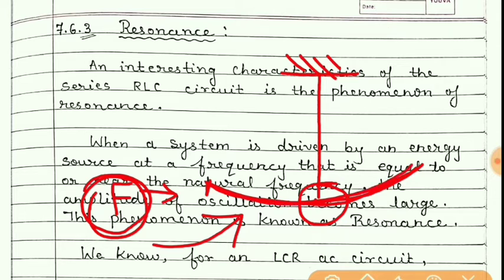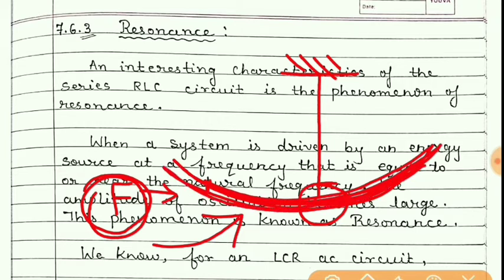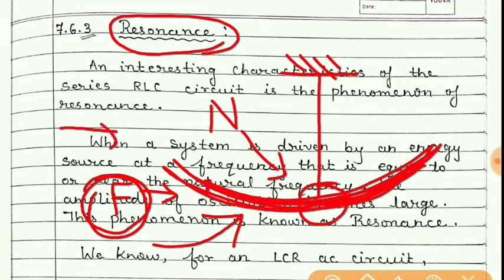The amplitude of oscillation of this simple pendulum will increase, and that phenomenon is called resonance. When the natural frequency of oscillations becomes equal to the external frequency which is applied, resonance occurs.